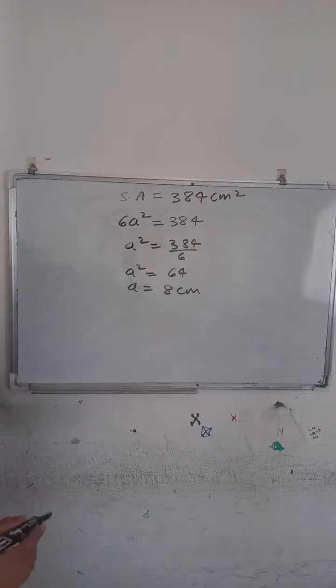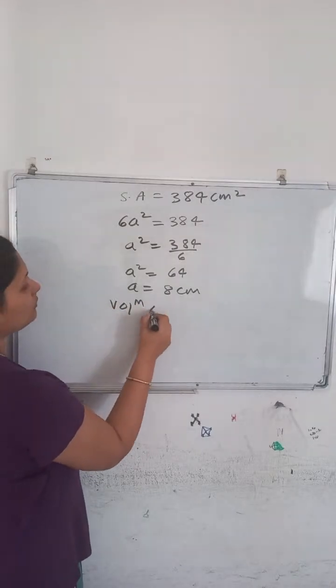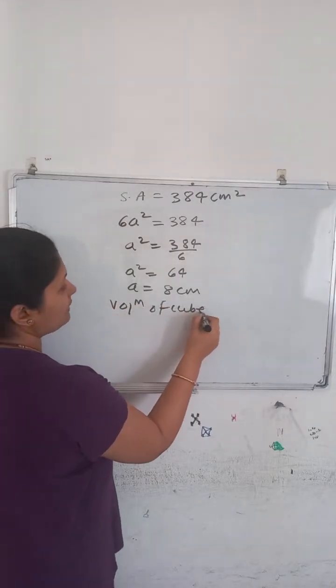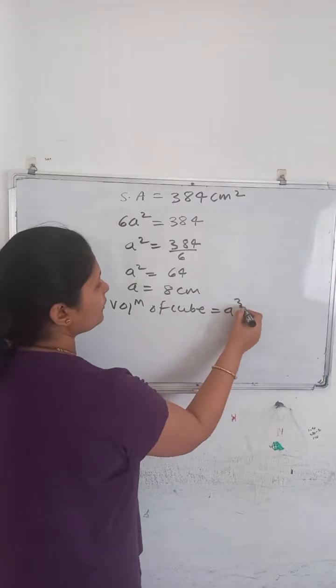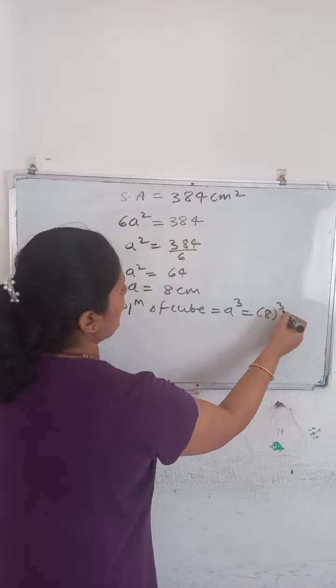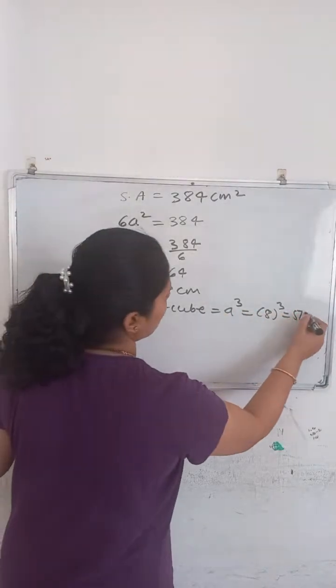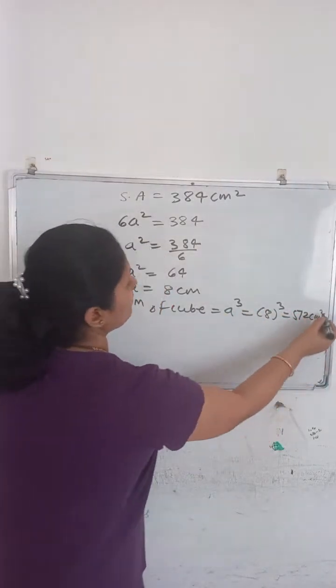But they are asking here to find out the volume. Volume of a cube is nothing but a cube. Correct? Then a cube is nothing but what? 8 cube, and 8 cube is nothing but how much? 512 centimeters cube.